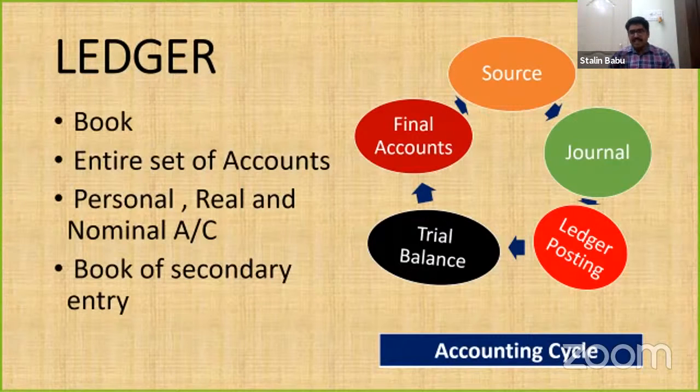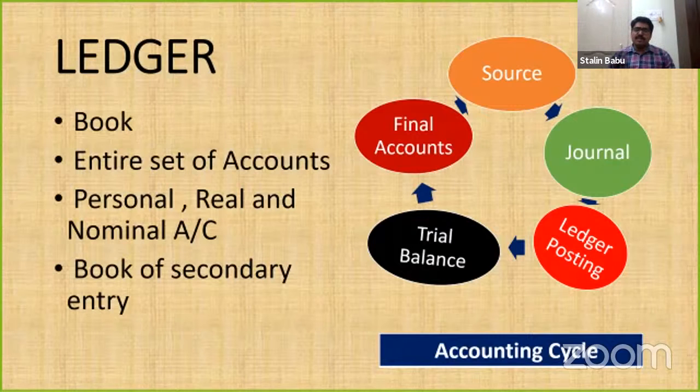By verifying the ledger related to the personal account, we know whether the person involved is a debtor to the business or a creditor to the business. By examining the real account, we know the value of assets. By verifying the nominal accounts, we know the total income or total expenditure of the account.